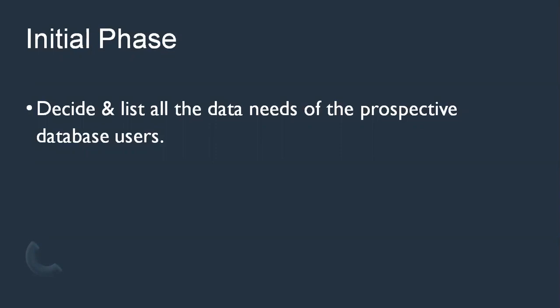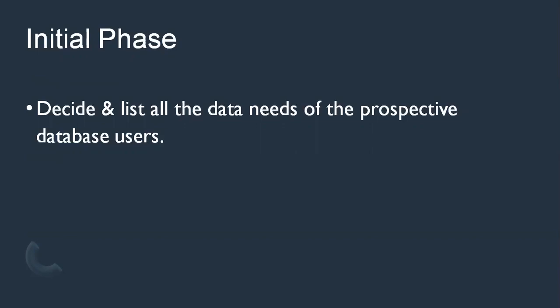First of all, we'll try to design a database ER model for the information of the online lectures to the student. Now see, in this example, information of online lectures is to be given to the students. Now decision is to be made, list all the data needs.